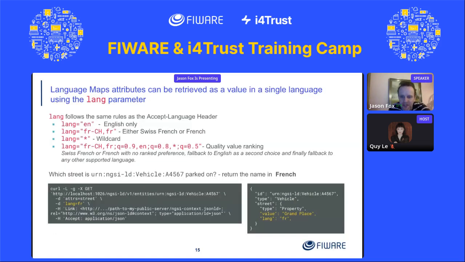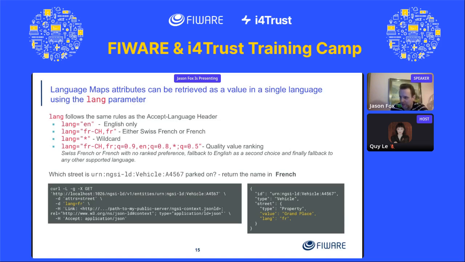It means that if you add in the lang parameter, you can say I want to retrieve values in a certain language. So I can say I want to retrieve my language in English only. Or again, you look at these various different ways of doing things.